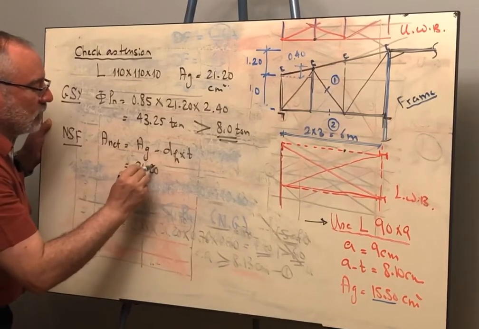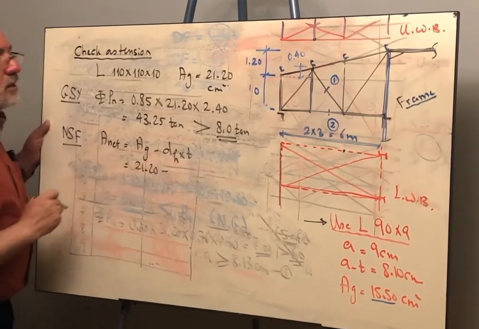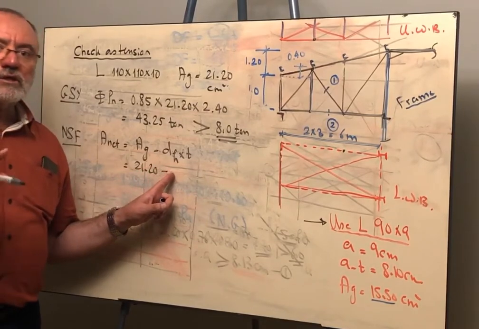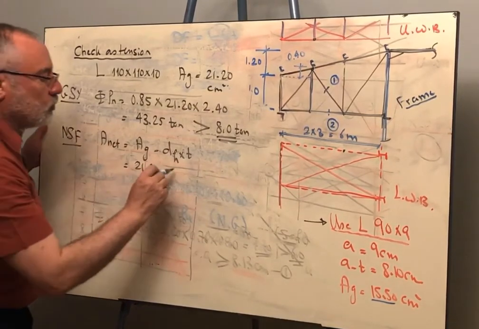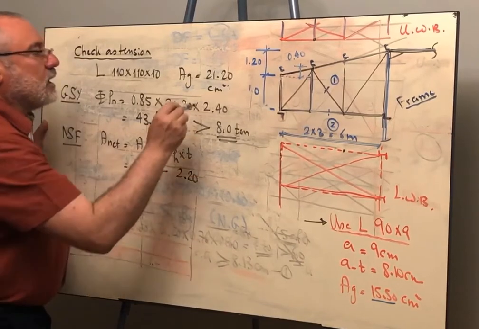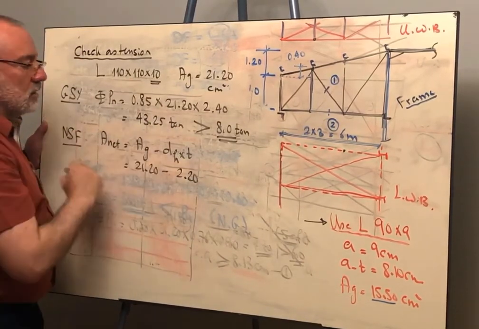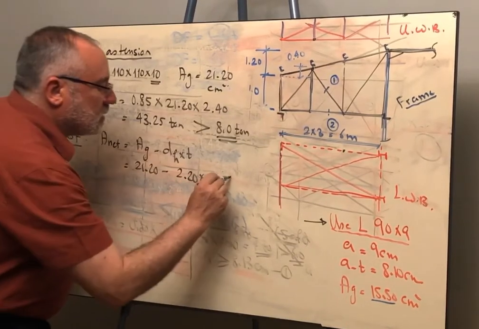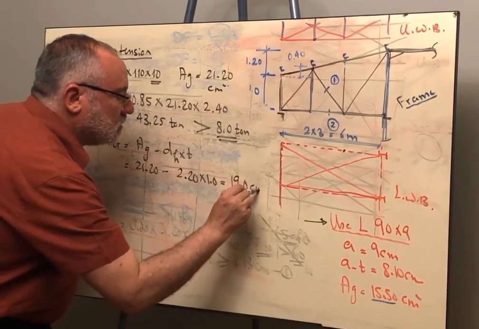So this is 21.2 minus the diameter of the bolt is 2 centimeter and the hole must be wider by 2 millimeters, so this is 2.2 times the thickness of the angle, which is 1 centimeter. So if you did that, this will be 19 centimeter square.